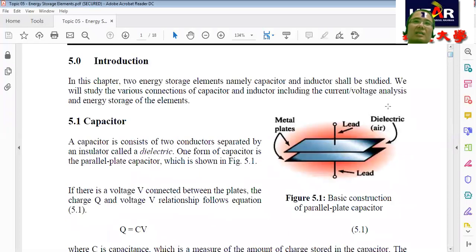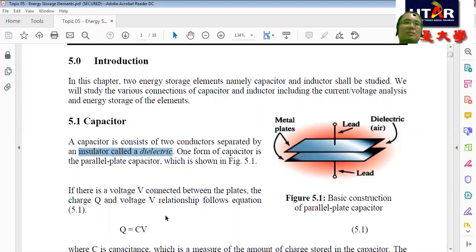Capacitor. The diagram in figure 5.1 shows the basic construction of a parallel plate capacitor. A capacitor consists of two conductors separated by an insulator called dielectric. One form of capacitor, which is the parallel plate capacitor, is shown in figure 5.1.